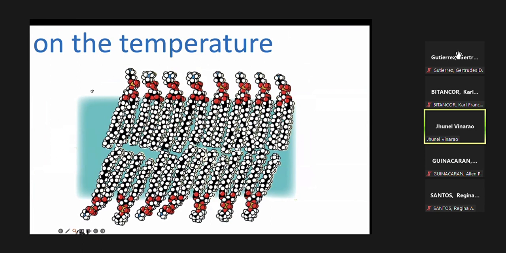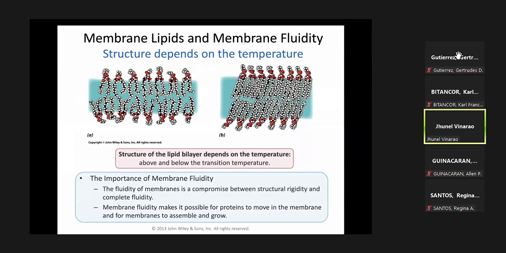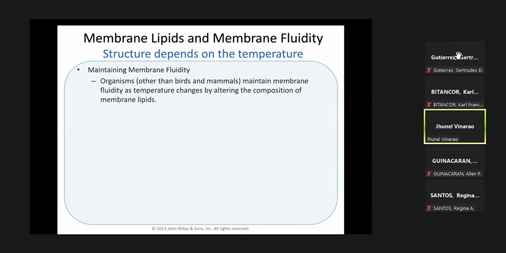Nag-move ang proteins. Hindi sila stuck dito. Nag-move sila laterally. And yung movement na yon, may mga function yon, bakit sila nag-move. Though, hindi lahat ng proteins nag-move. Kasi may mga stuck sa cortex.